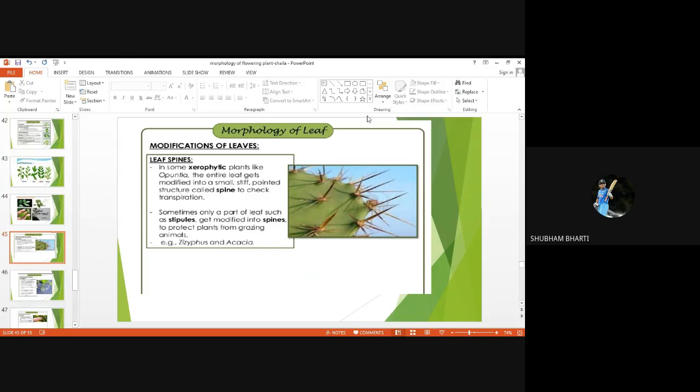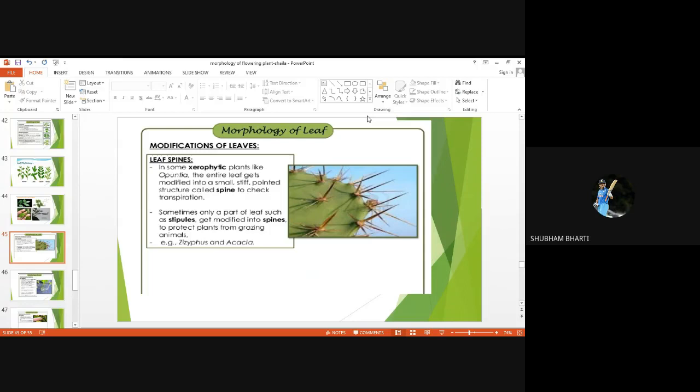And sometimes only part of leaf, as the stipules, gets modified. हे याला मॉडिफाईड कोण करतं, स्टेप्युल्स किंवा पार्ट ऑफ लीफ. आणि याचं काम काय आहे की फक्त प्रोटेक्शन घडून आणण्याचं काम याचं आहे. कुणापासून, जे चरणारे प्राणी असतात त्या ॲनिमल्सपासून प्रोटेक्शन करायचं काम कुणाचं आहे, या स्पाइन्सचं.